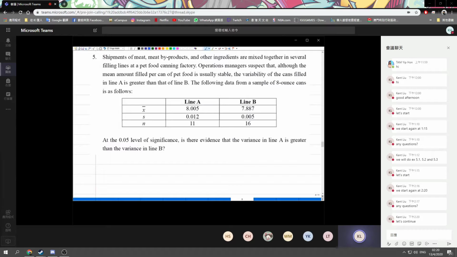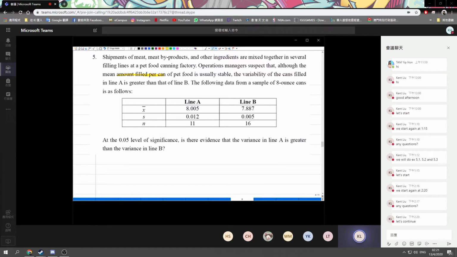Okay, let's continue with the exercises from chapter 5. And here we are doing exercise questions from exercise 5.2. Now here we have again two groups of data. This is the amount of food in a can.